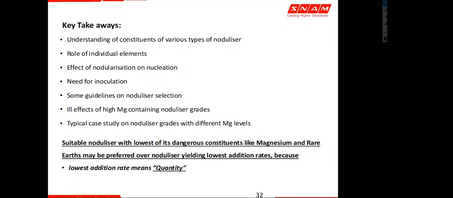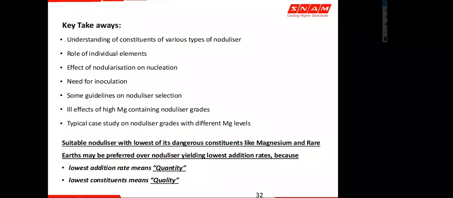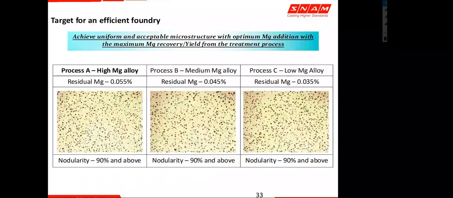Low addition is just quantity, weight by weight, which you can multiply by the price and make it a cost. But low dangerous constituents means quality. So you ultimately look into the quality of the casting being produced. I hope everyone is quality conscious and quality intensive rather than price or cost intensive over castings.